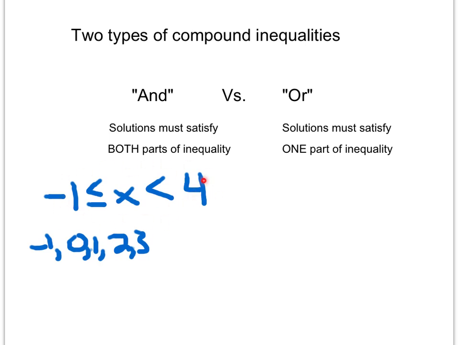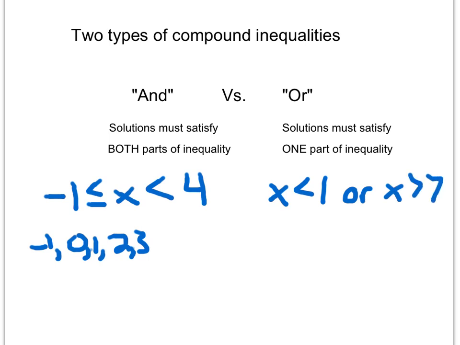The solutions, whatever numbers you plug in for x, have to fill both of these parts. An "or" inequality is really easy to read and understand. It looks something like this: x is less than 1, and you'll see the word "or", x is greater than 7.